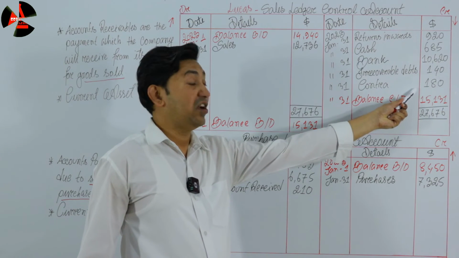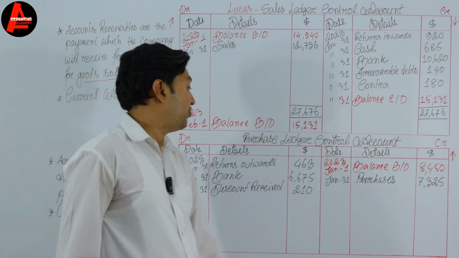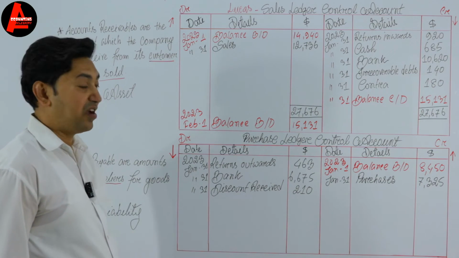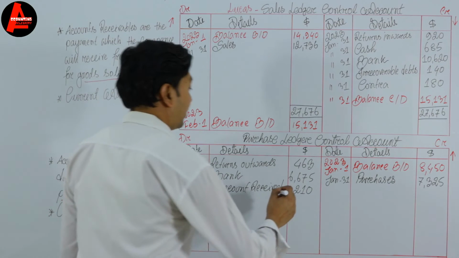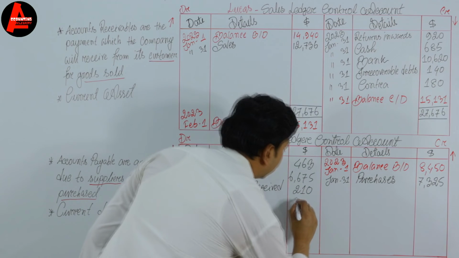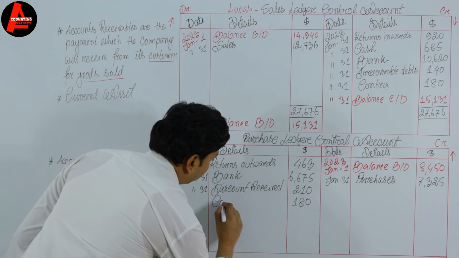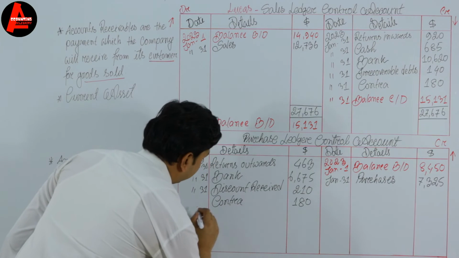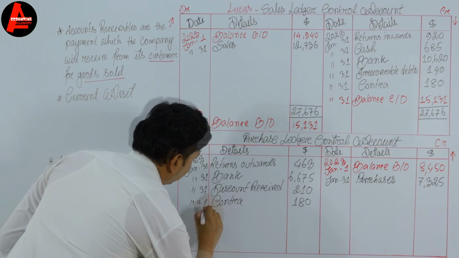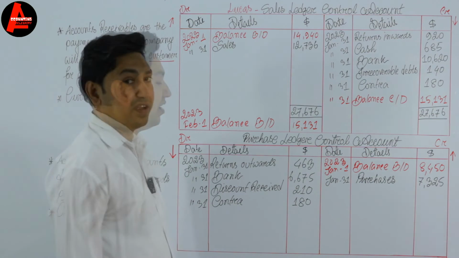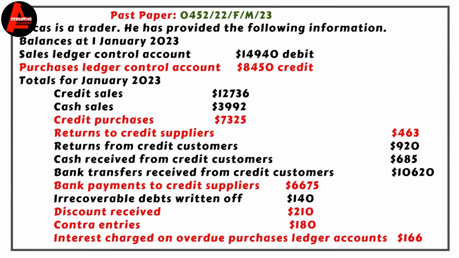Now we are doing purchase ledger control account, we will write here on the debit side. You need to remember this entry. So $180, we will write here contra, and date will be here 31st.